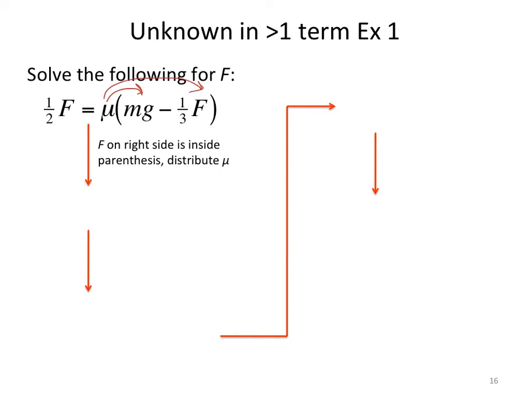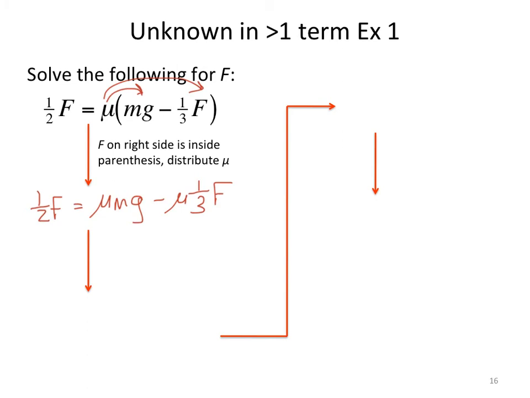All right. So that means it's going to be 1/2 F equals mu mg minus mu 1/3 F. Actually, you might want to put the 1/3 out front, 1/3 mu F. It doesn't really matter because it's all being multiplied together. Okay? All right, so we did that.